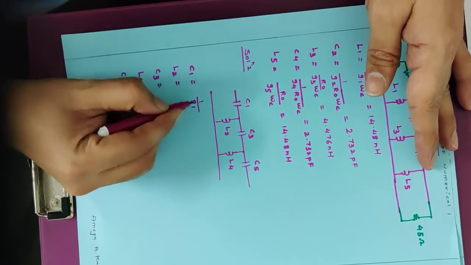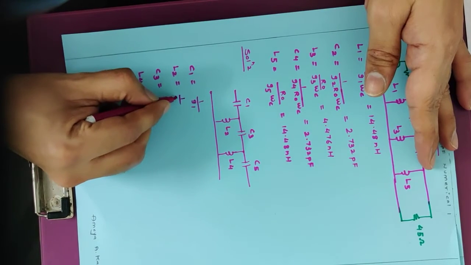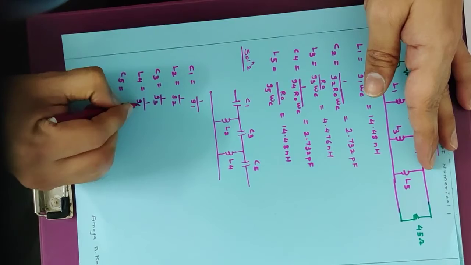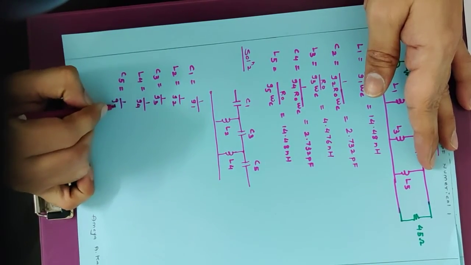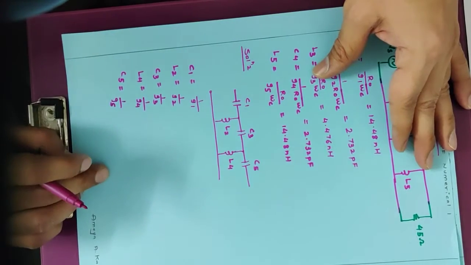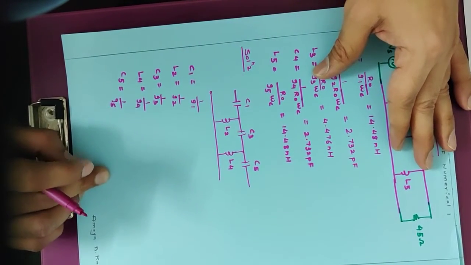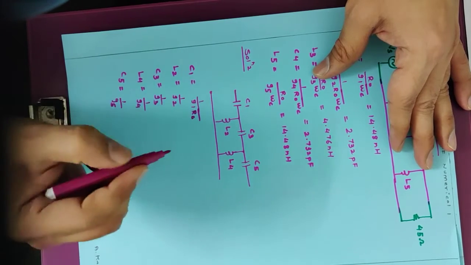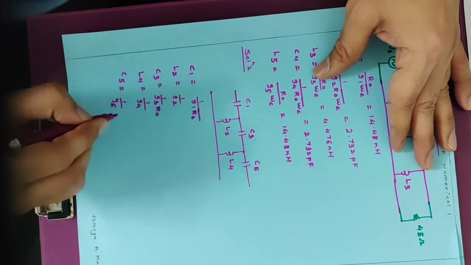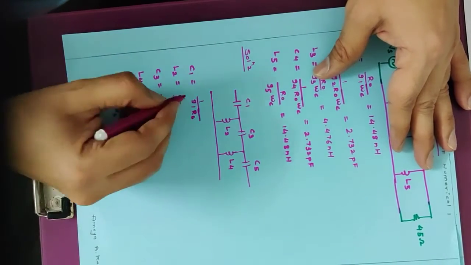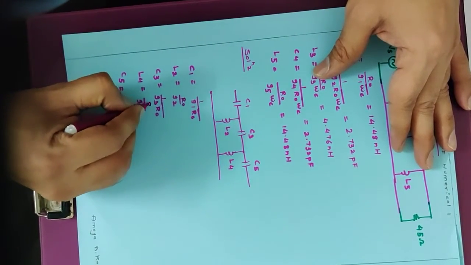So this will be proportional to 1 by G1, 1 by G2, 1 by G3, 1 by G4 and 1 by G5. Now we have to apply the impedance scaling, and as you know, for a capacitor impedance scaling is applied as division by R0, and for an inductor it will be multiplication by R0.